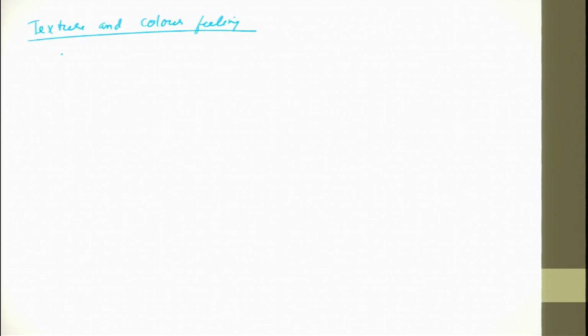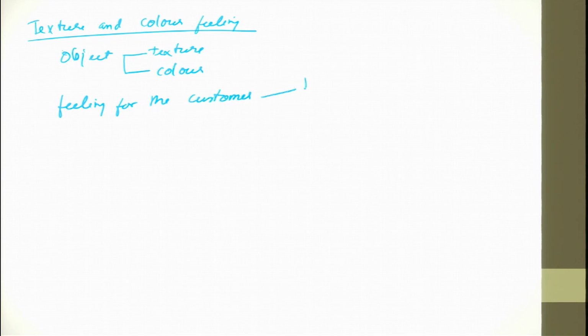For example, if you have an object, this object's texture and color try to give a feeling for the customer, like heavy, light object.